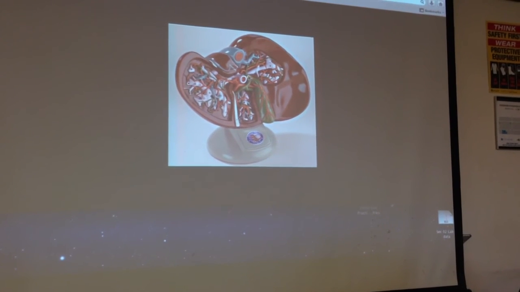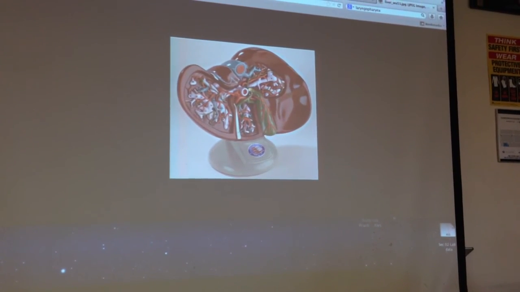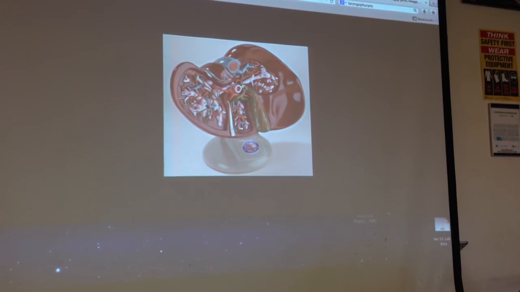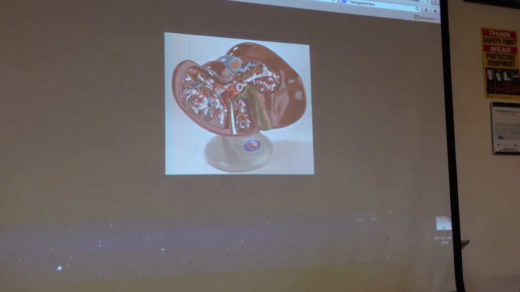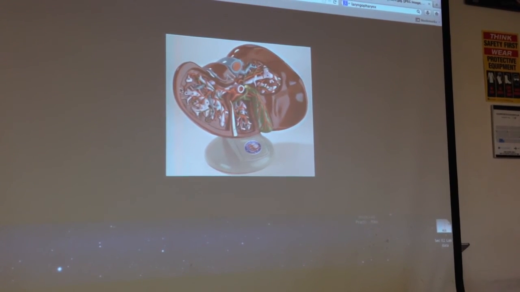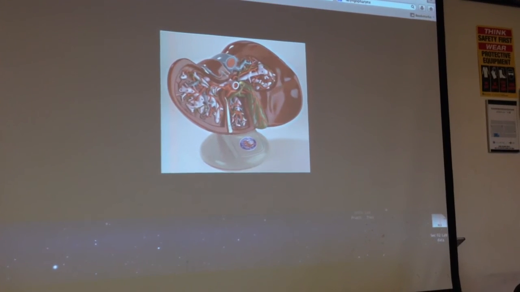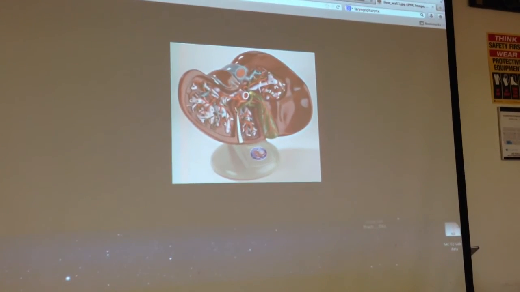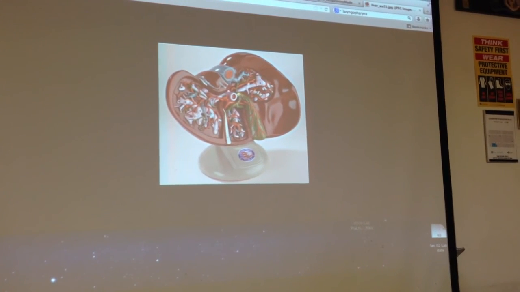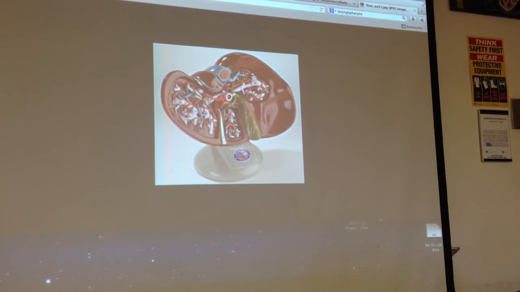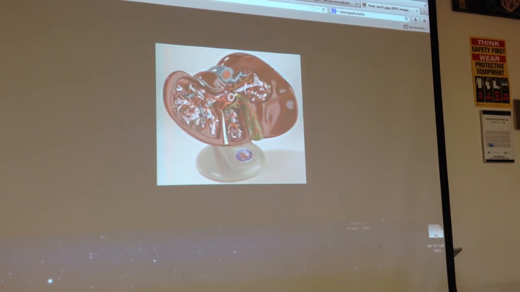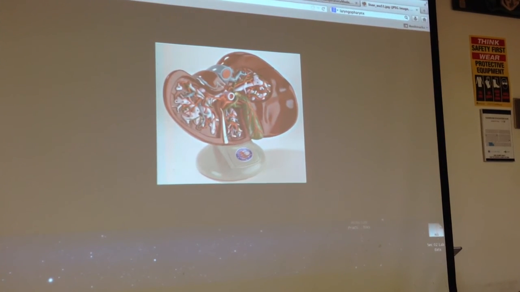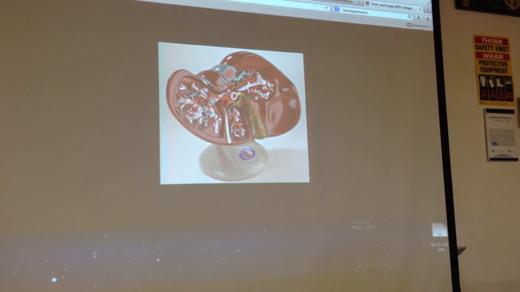Just for the sake of tying function to identification, after here the bile duct will go into the pancreas, where it, along with the pancreatic juices, dumps into the duodenum. So this is a nice little system because bile is made here. When you're not eating, it just gets stored in the gallbladder, and then when needed, from either the liver itself or from the gallbladder, it dumps into the duodenum.